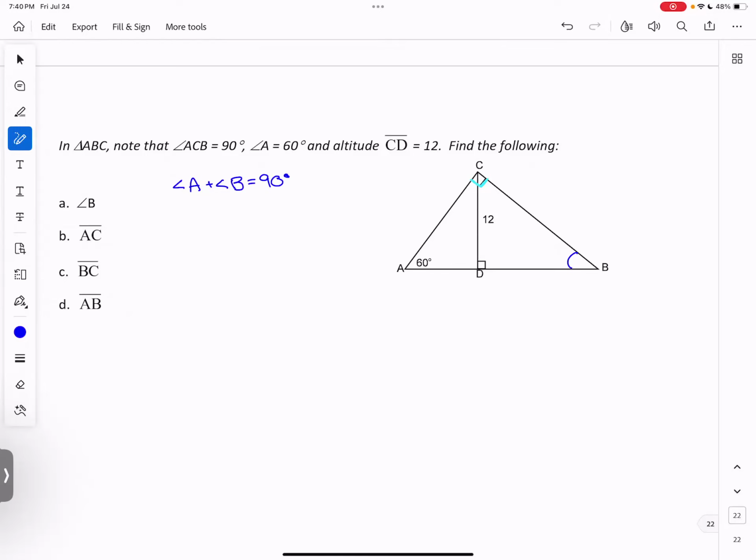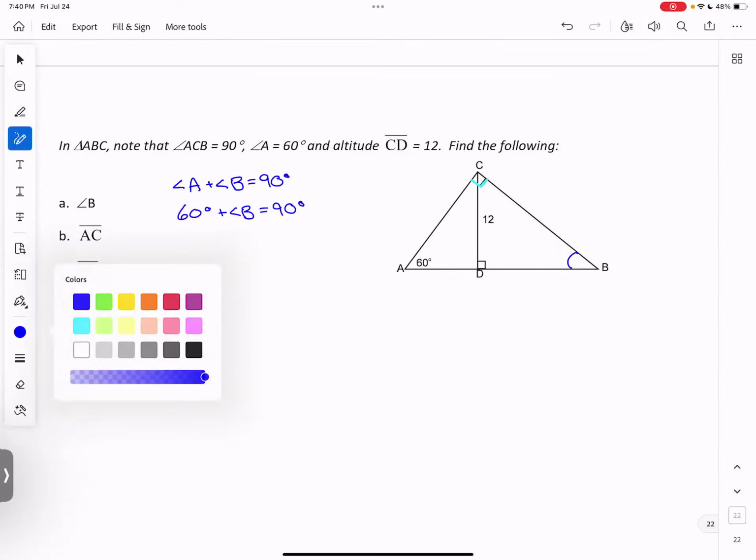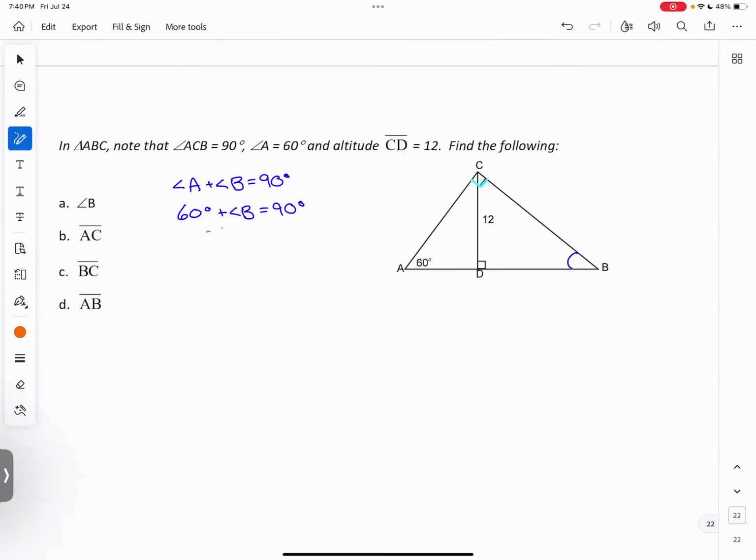And angle A is 60 degrees. So if I subtract 60 from both sides, I get angle B is 90 minus 60, which gives me 30 degrees. So that was part A.